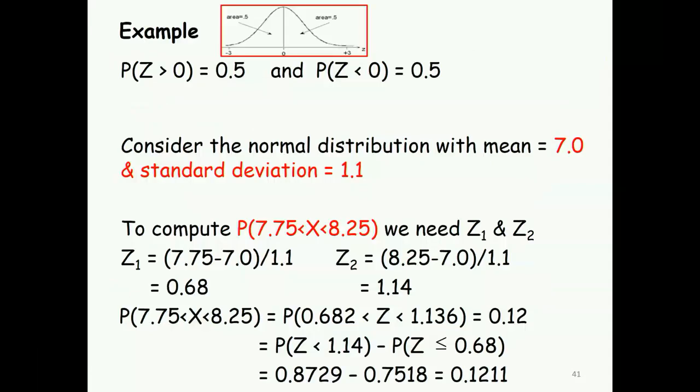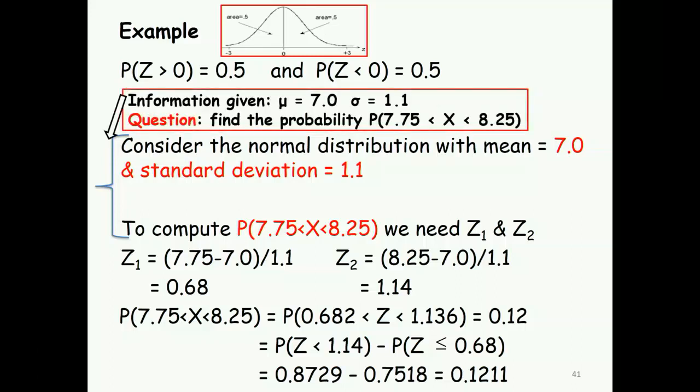Okay, so I calculated. I converted to 0.68 for this one and 1.14 for this one. The question is, what is the probability between this and this? I calculated and found 12.11% probability, or 0.1211. Let us do it. This is the information given: population mean 7, population standard deviation 1.1.